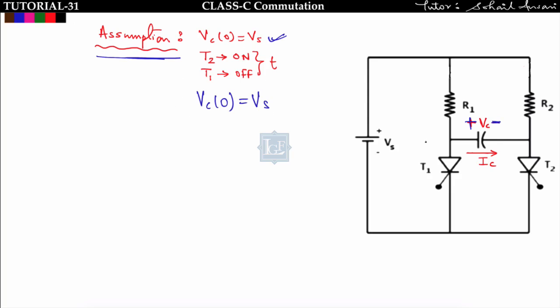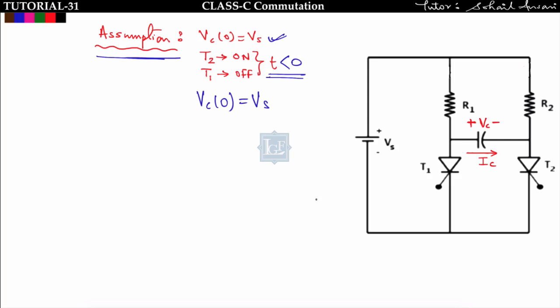Second assumption is T2 is on for t less than 0, meaning this thyristor T2 is conducting, and T1 is off for t less than 0. Got it? These two are the assumptions. Now we have to turn off this thyristor T2 using the commutation technique, the class C commutation.